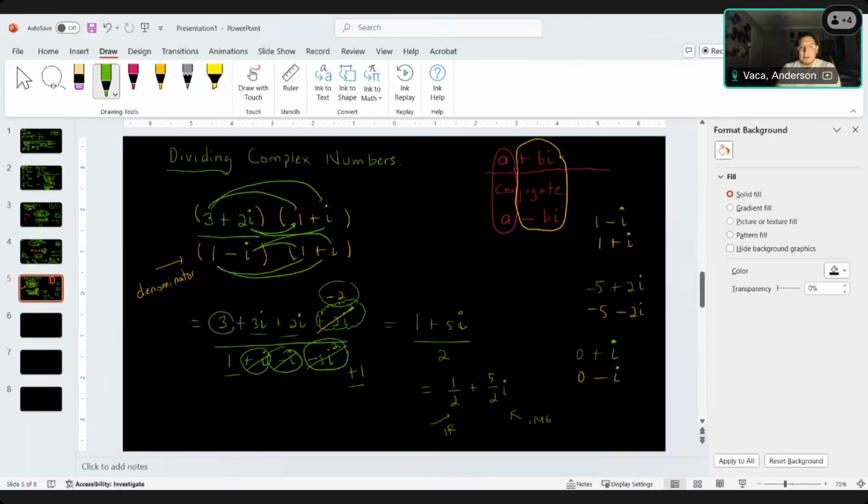Okay, so we call this standard form. We always write our complex numbers in standard form. So we separate it so that we know what is the real part that is separate from the imaginary part.